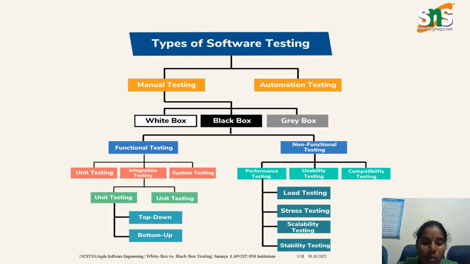And gray box testing is a combination of black box and white box testing techniques. In black box testing, the tester is unaware of the internal structure of the item being tested. And in white box testing, the internal structure is known to the tester.